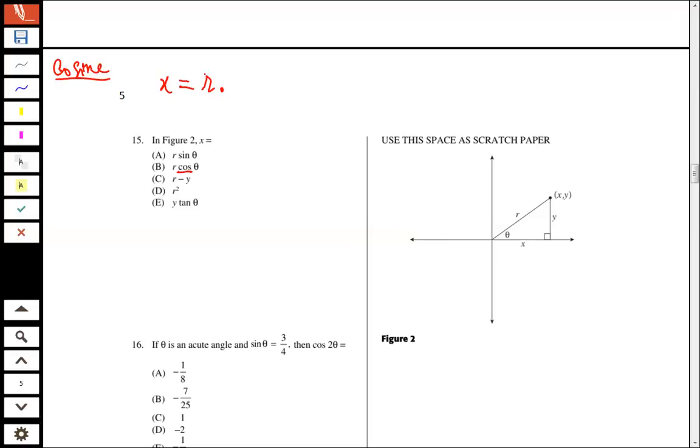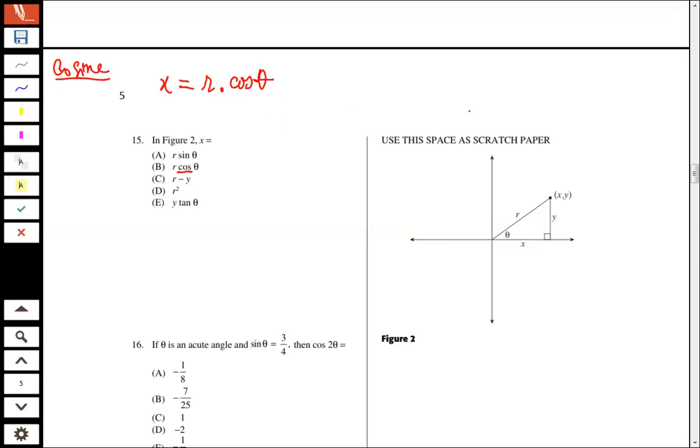In polar coordinates, we know that x equal r times cos of the angle. Here the angle is theta.